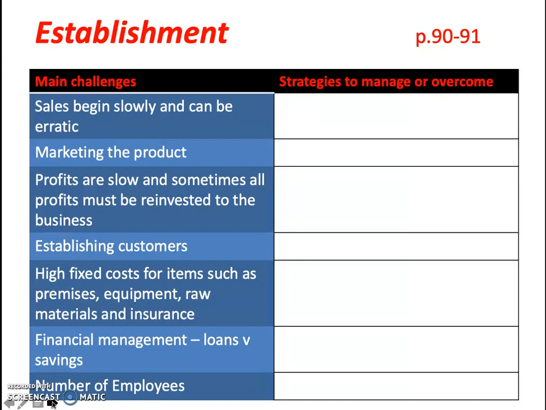Now, see these tables here? These are all the main challenges of the business at the establishment phase. So if you turn to page 90 of your new textbook, or table 4.1, you have here the most important points to go into your notes. I want you, in your notes, to have the main challenges here on your list and the strategies used to manage or overcome them. For example, sales begin slowly and can be erratic.